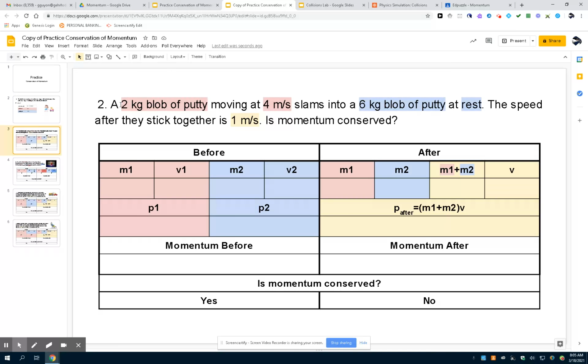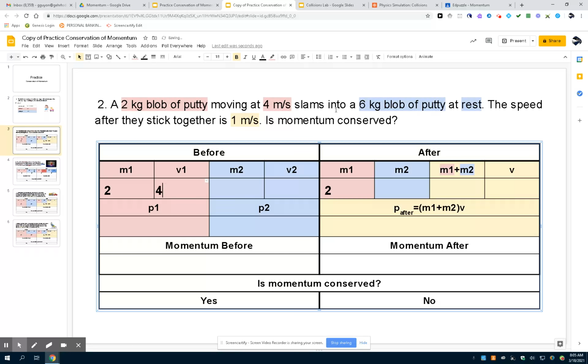Okay, so we take the pink mass here, 2 kilograms, and then we'll keep off the units for now. If M1 is 2 over here, M1's got to be 2 over here. Mass does not change. And then the 4 meters per second, that's the velocity, so it's moving at 4.